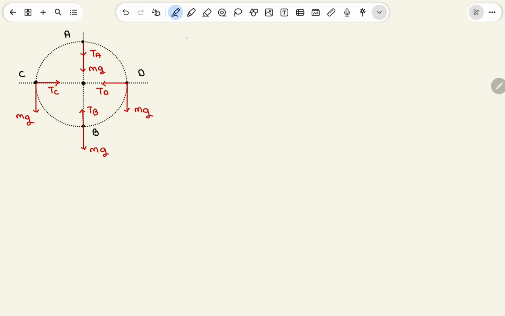We start with the topmost position, which is point A. First we write down the equation of forces at point A. At point A, we can see that tension as well as weight act towards the center, and thus they both provide the necessary centripetal force.